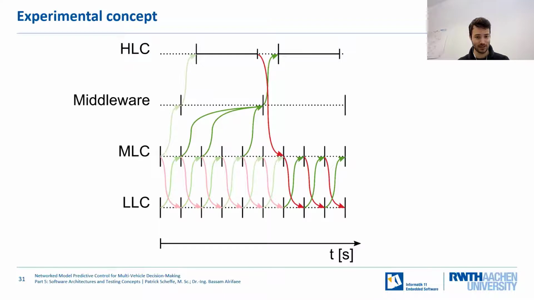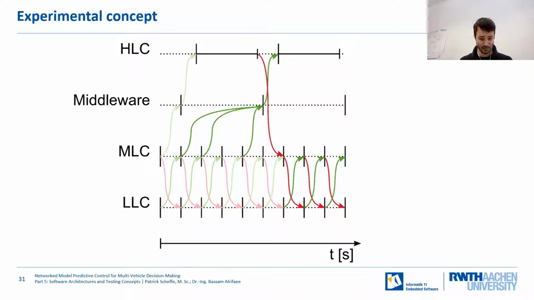And whenever something new is available, the mid-level controller writes it to a topic which the middleware reads, and the middleware again takes care of time. So the middleware runs in real time and always watches when the set period is over.